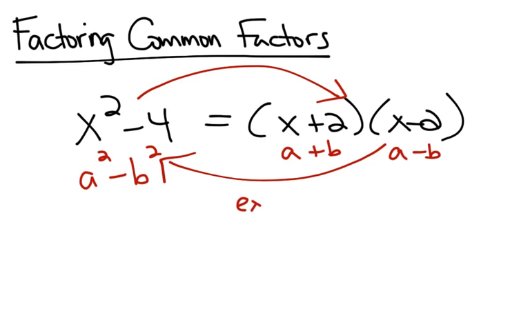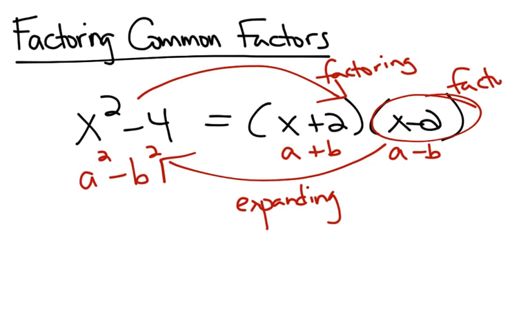So this direction, it's actually called expanding. Expanding means multiplying out. And this direction up here is the factoring, where you're creating these things called factors. So x minus 2 is a factor. X plus 2 is a factor.